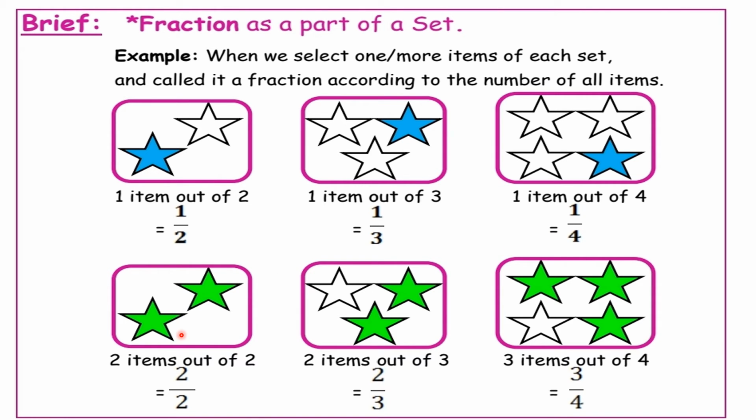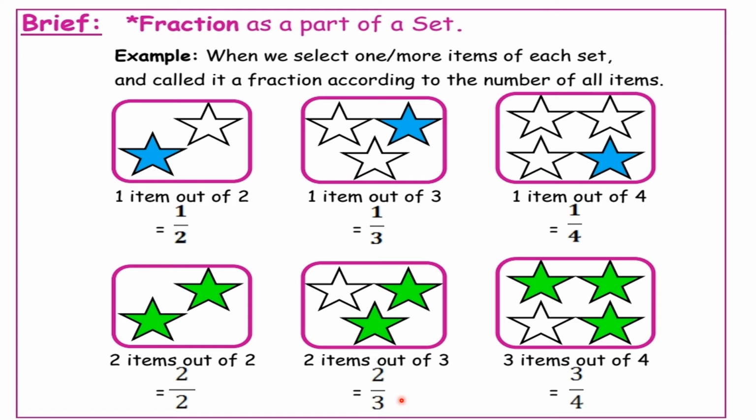And if you have a set of stars and you color these 2 stars, it's 2 items out of 2. 2 out of 2, as we know, is a whole, so I can write it in this way in fraction. I have here a set of stars and I colored 2 out of 3, so I have 2 items out of 3, and I can represent it this way.